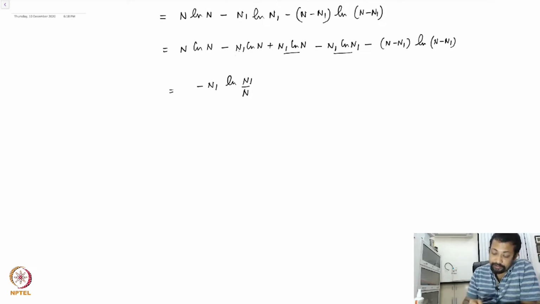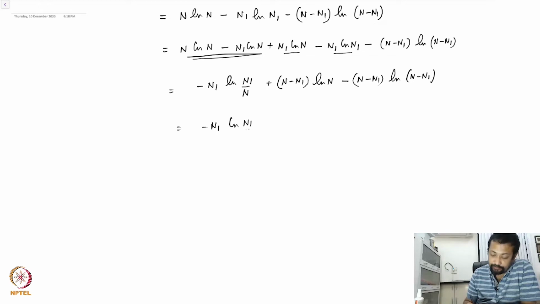And if I combine these two, I have plus n minus n1 ln of n minus n1, which is minus n1 ln of n1 over n minus (n minus n1) ln of (n minus n1) divided by n.